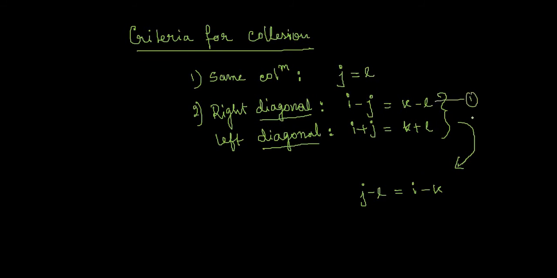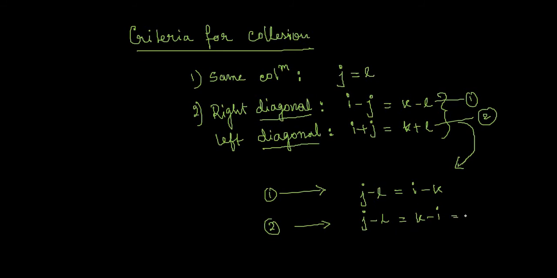Similarly, if I consider this as equation 1 and this as equation 2, equation 1 can be written in this way. Equation 2 can be written as j minus l equal to k minus i, right?